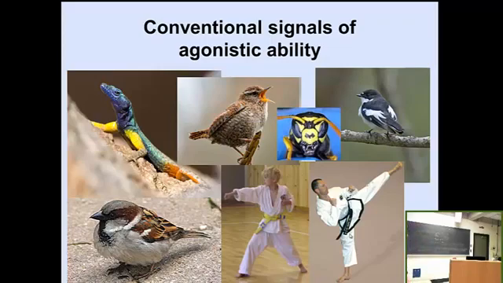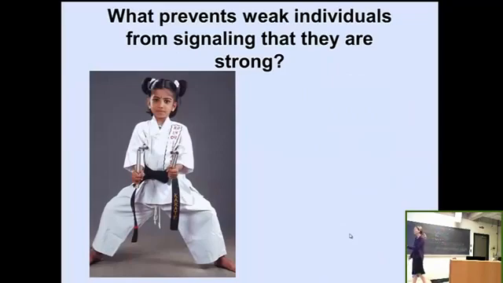So conventional signals of fighting ability have been somewhat more controversial than other signals of fighting ability. People have even questioned whether these traits can actually be reliable signals. And if they are reliable signals, why do they stay reliable? What maintains this reliability over evolutionary time? Essentially, what prevents weak individuals from signaling that they're strong?